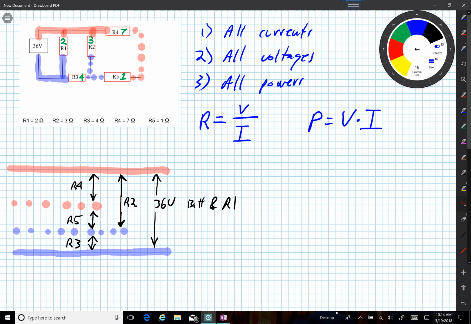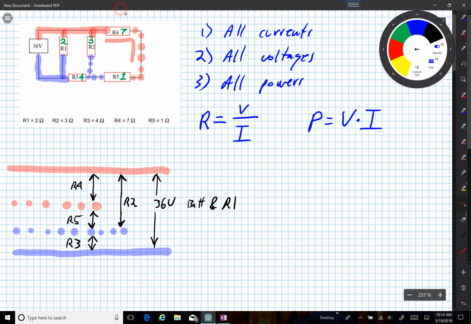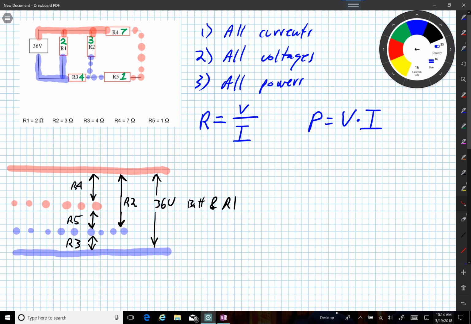And then in series, I'm looking for things that if I walk through one resistor, I must go through another, and the only one is this. If I go through R4, I must go through R5. All the rest, there are junctions. After I walk through R1, I have a junction. I have a decision to make. So there's nothing in series with R1.